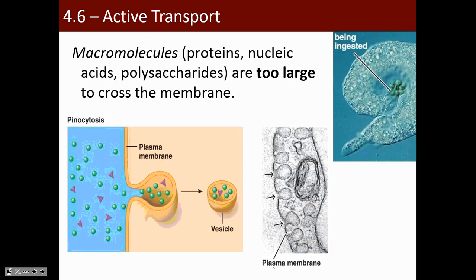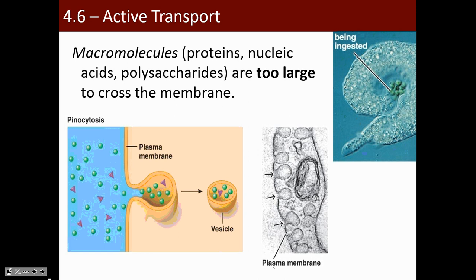We have a couple of other processes that are active transport. Any process that involves moving large molecules is also active transport. So in order to take a macromolecule and bring it into the cell membrane or release it through the cell membrane, that's going to require energy. When immune system cells take in invading materials, that is going to require energy.